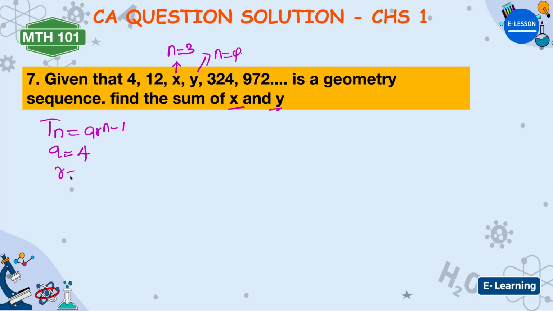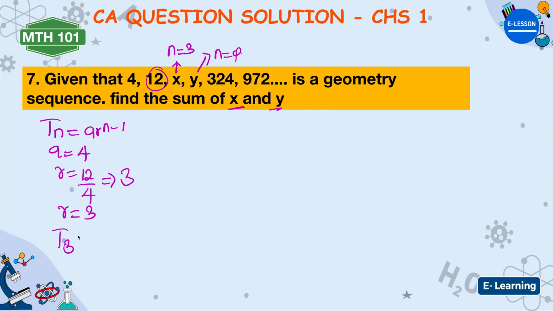Now what will be our common ratio? The common ratio is gotten by dividing the second by the first, since they told you that it's a geometric sequence. So that will give us 12 divided by 4, which will give us 3. That is how we got our r. Now we are looking for the third term.